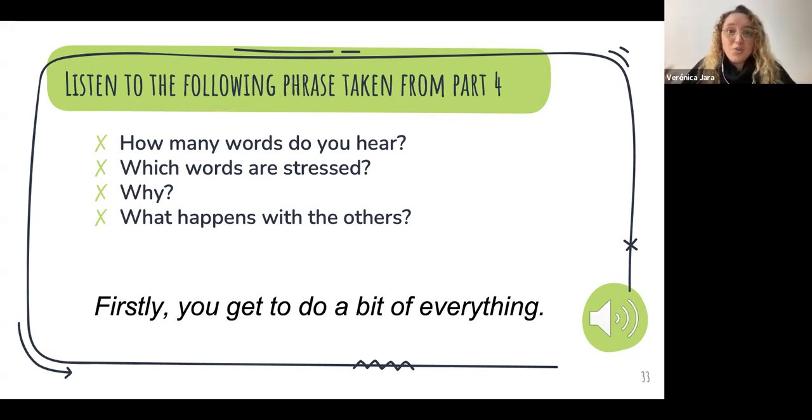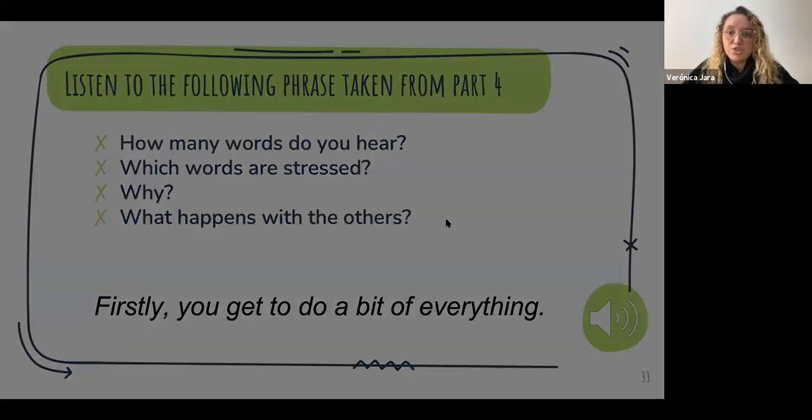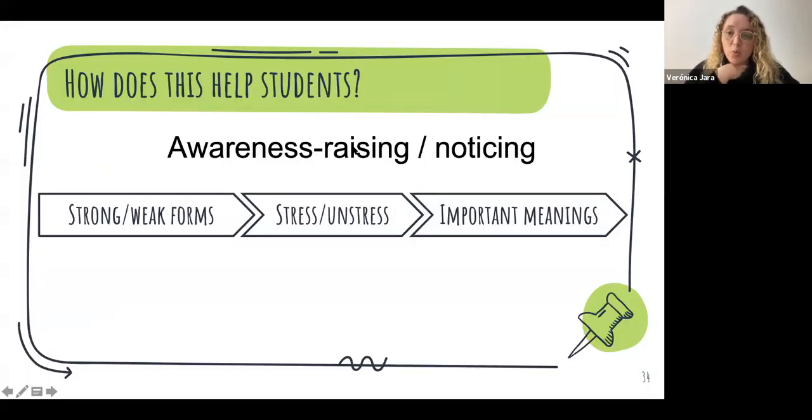So no wonder there are certain things you don't hear, because those are probably unstressed things that are not important. So this kind of bottom-up processing work raises their awareness in relation to this. It helps them become more aware. It helps them notice certain things. It helps them identify strong and weak forms.